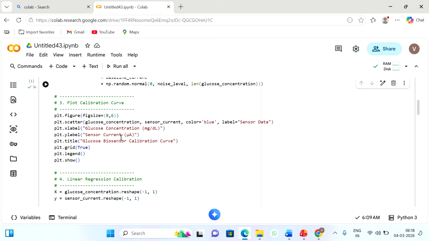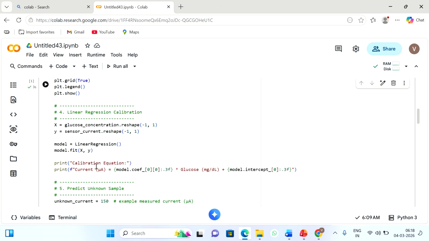Then linear regression, the calibration equation, and then reshaping data. X is equal to glucose_concentration.reshape(-1, 1).